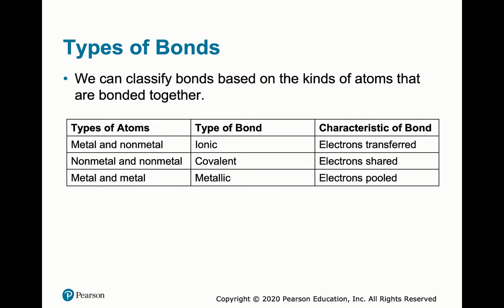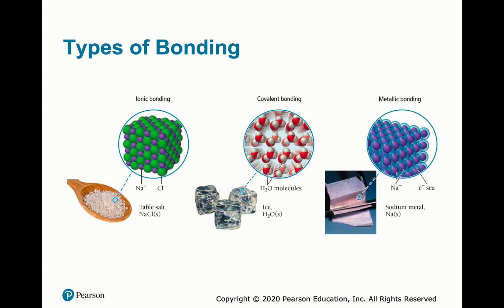This is where electrons are shared or unequally shared, as we'll learn later. And metals tend to have metallic bonds. Metals can have other types of bonding as well. Metals can have covalent bonds with themselves and with nonmetals, but metals tend to have more metallic bonding, where it's kind of a sea of electrons.